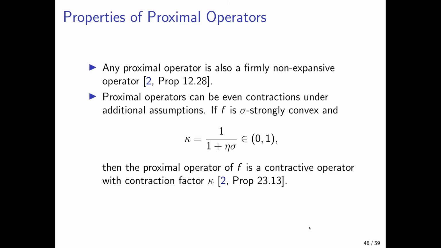And under additional assumptions, if f is sigma strongly convex, then it turns out its proximal operator is a contraction with this contraction factor here, which depends on sigma, and it also depends on the scaling factor eta, or step size.